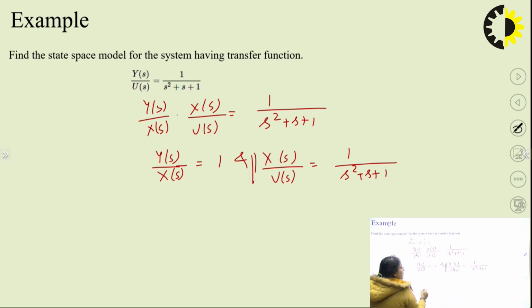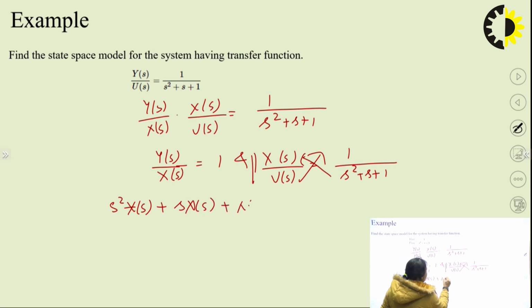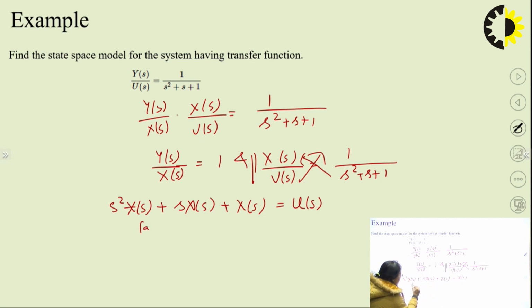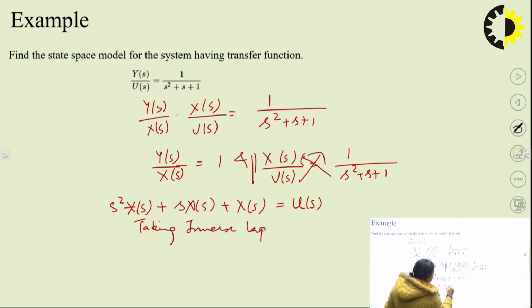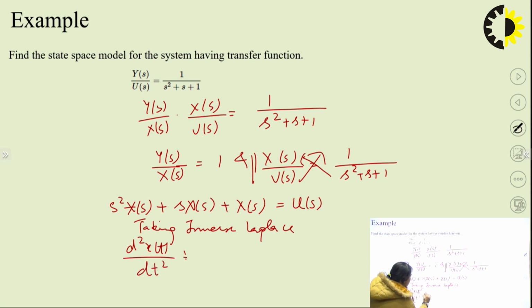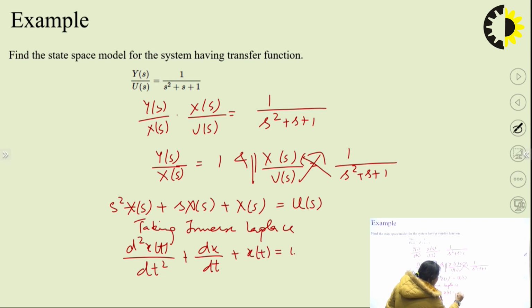So first I'll solve this. By doing the cross multiplication, s square into Xs plus s into Xs plus Xs will be equal to Us. Okay, so taking inverse Laplace transform of this equation, this will be d2x(t) by dt2 plus dx by dt plus x(t) will be equal to u(t).